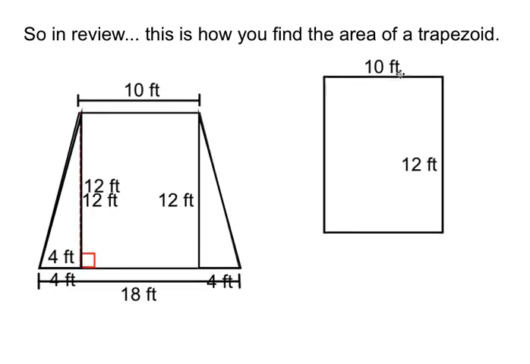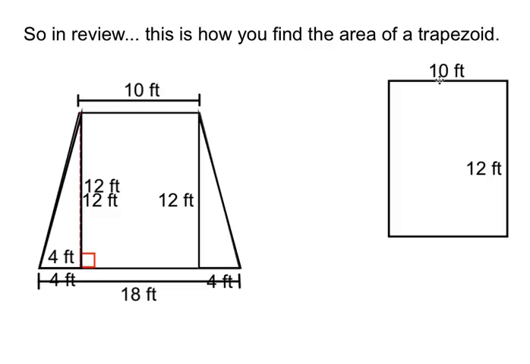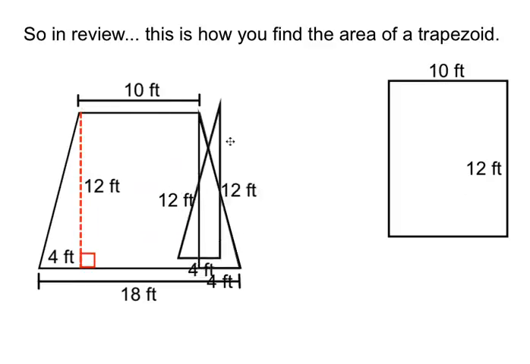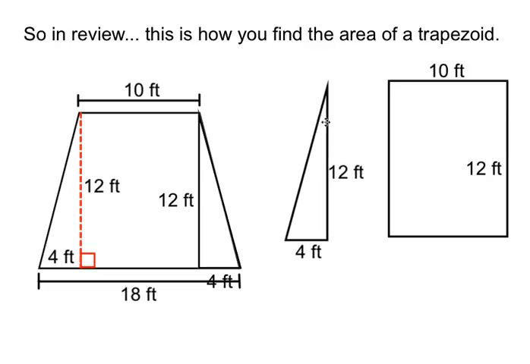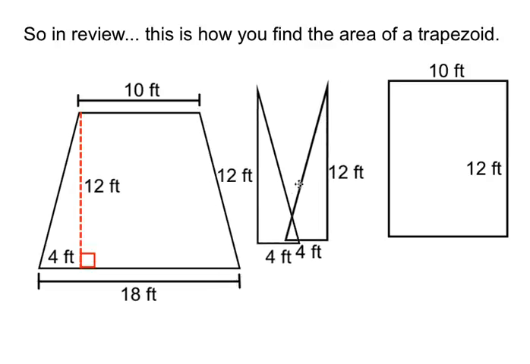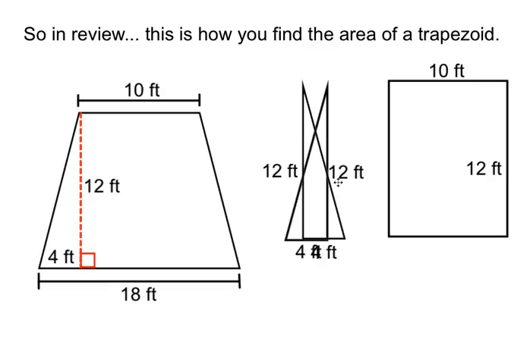We like to figure out the area of the rectangle first because it's just length times width, and then we figure out the area of one triangle, but we have to double it because we have two triangles. And that's how we find the area of a trapezoid.